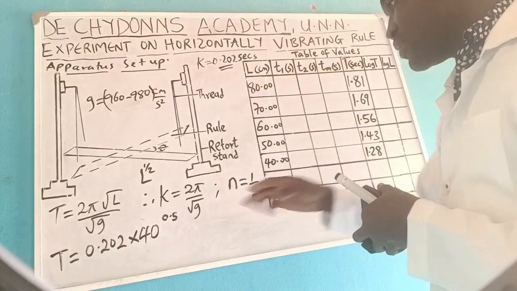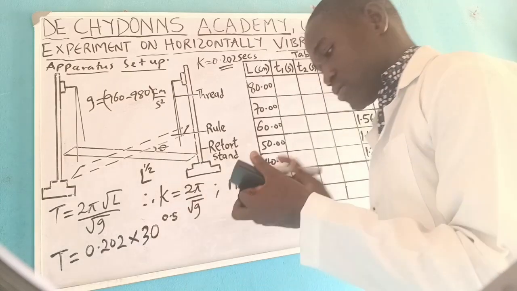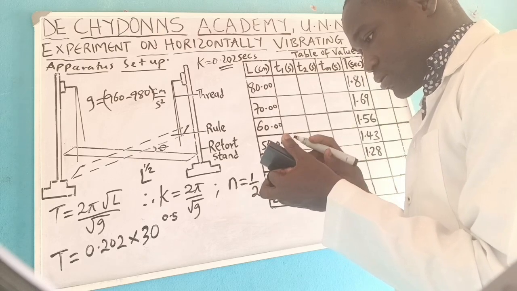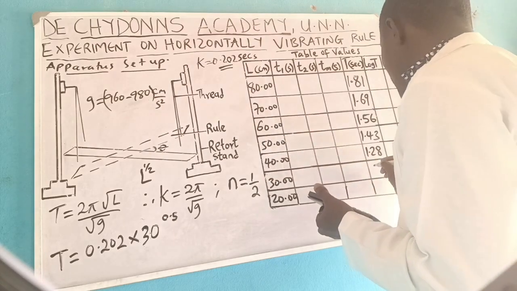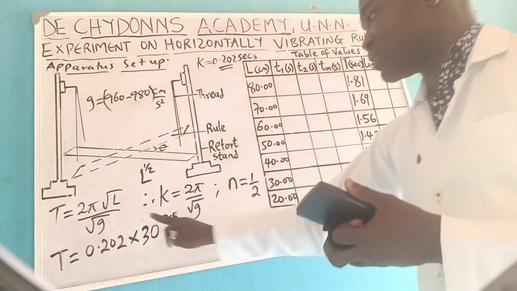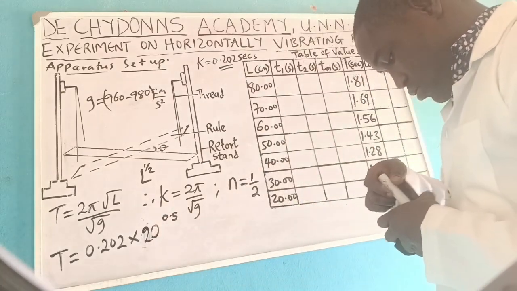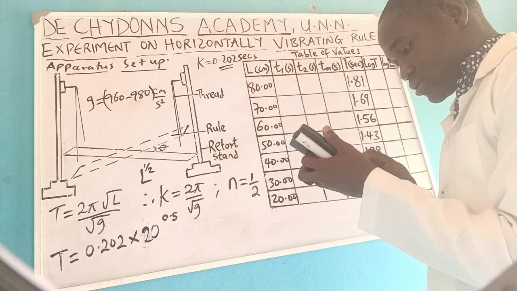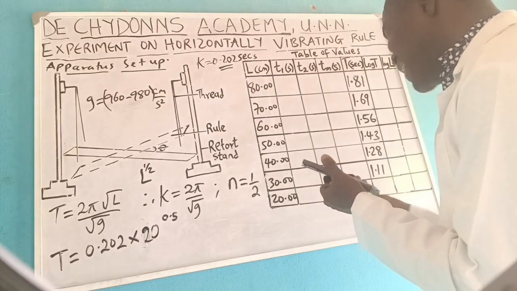Replace it with 30, then you have 1.11. Then you replace it with 20. When you replace it with 20, you have 0.90.